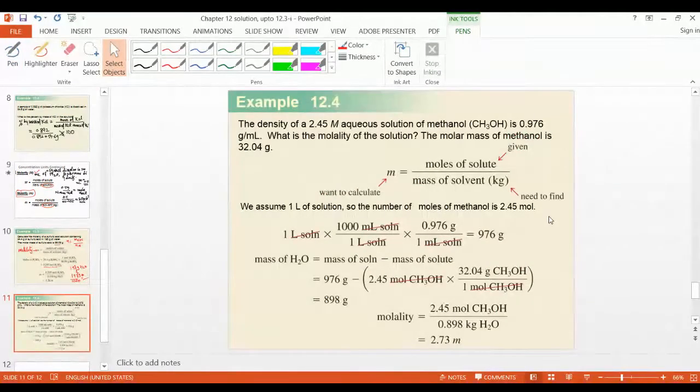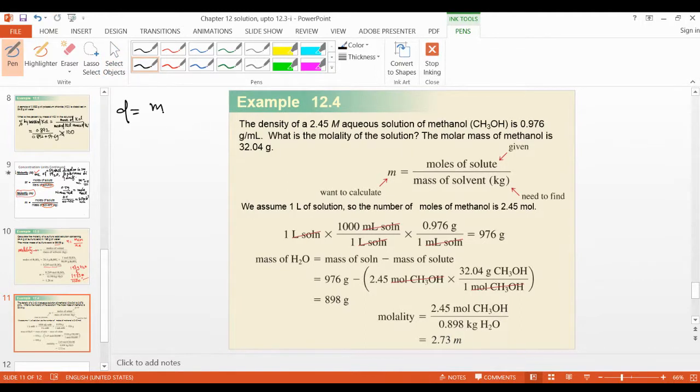Second example, it is a little bit complicated. In this example we involve density, mass per unit volume.